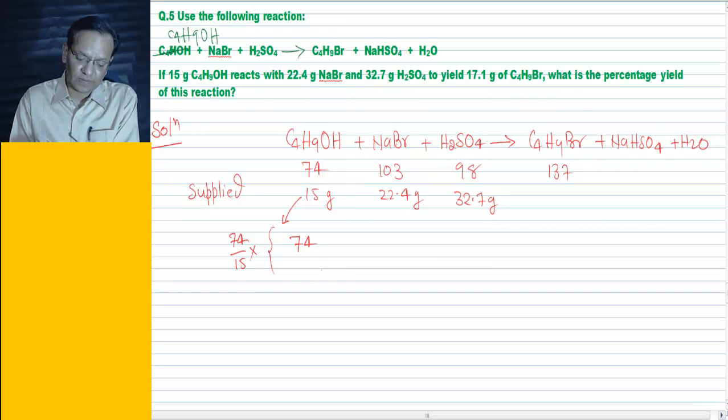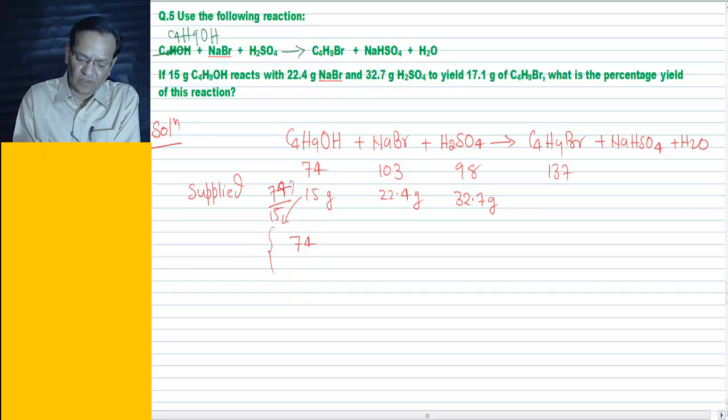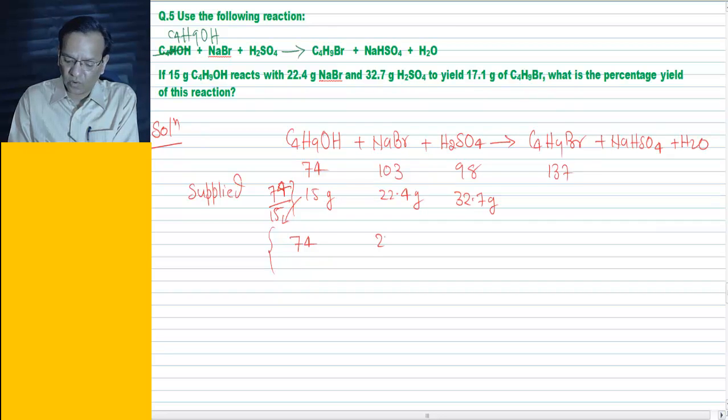So 74, the other one will be 22.4 into 74 upon 15, and the last will be 32.7 into 74 upon 15.